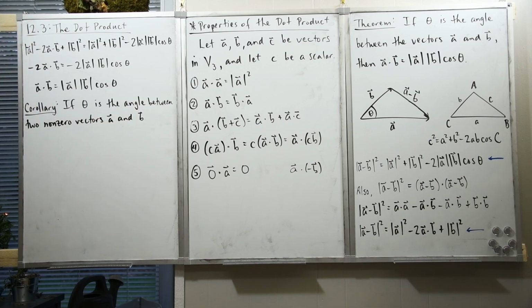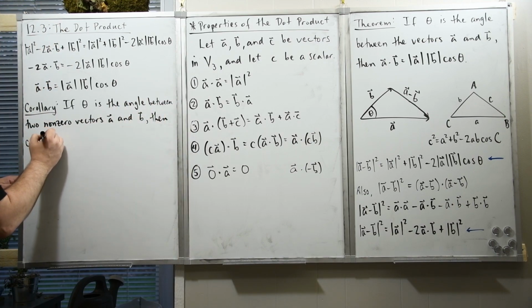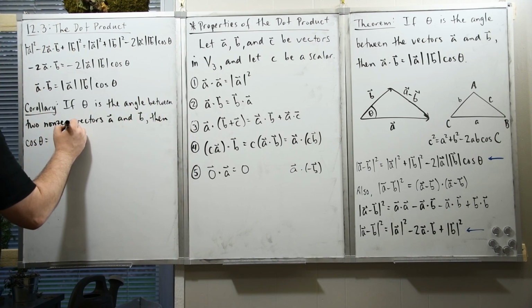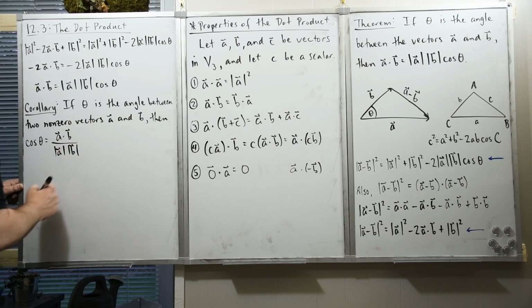And it says if theta is the angle between two non-zero vectors a and b, then the cosine of theta is equal to a dot b over magnitude of a times magnitude of b.